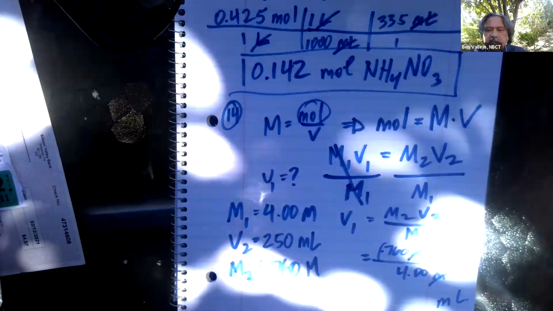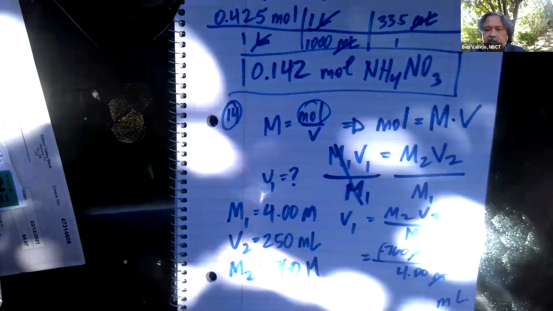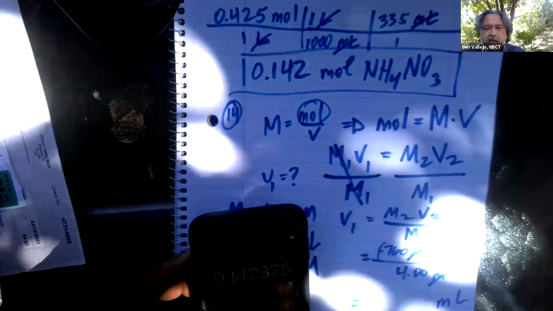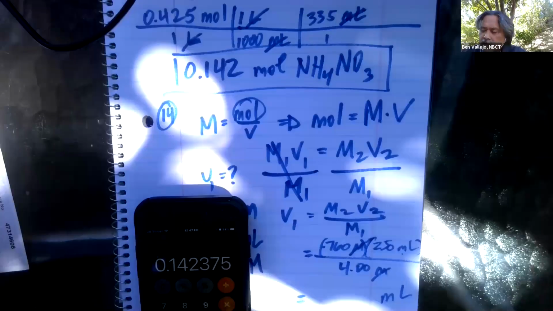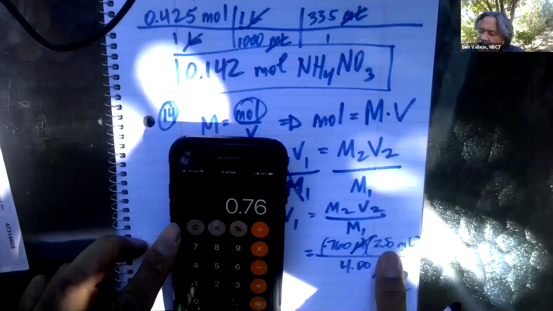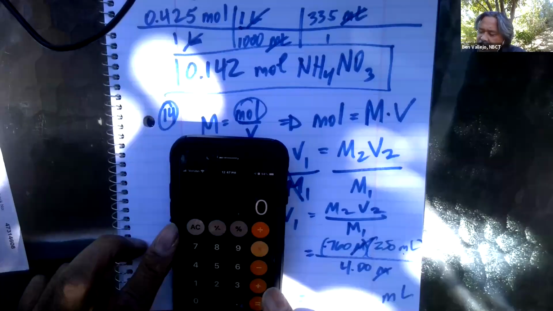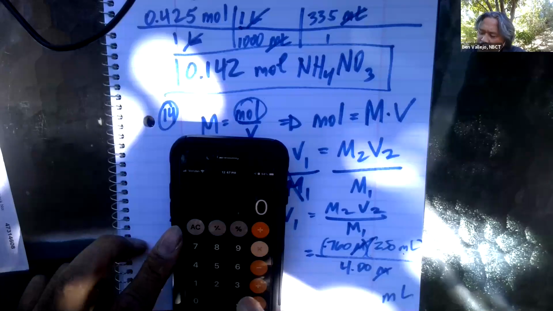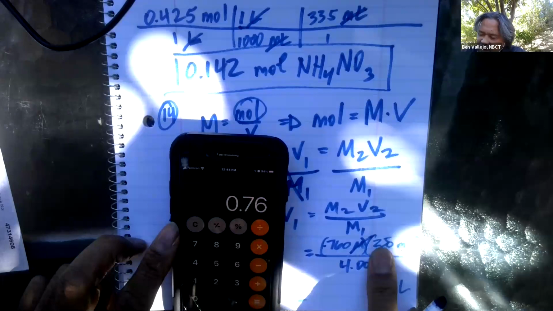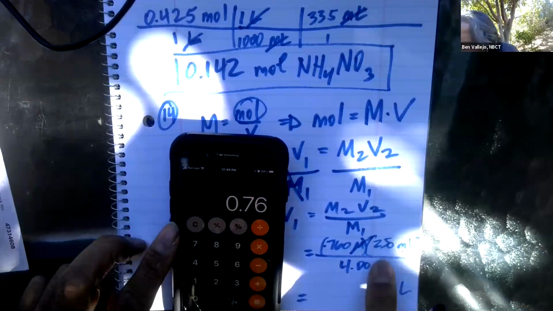Okay, there's the calculator, and there's the problem right there. We have 0.760 times 250. Again, my 2 isn't working.